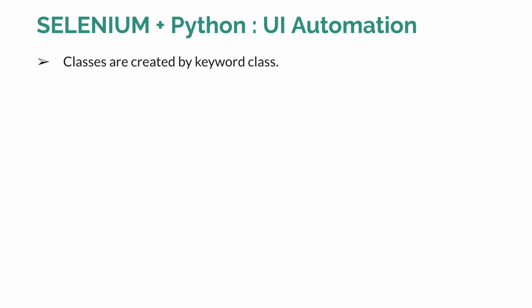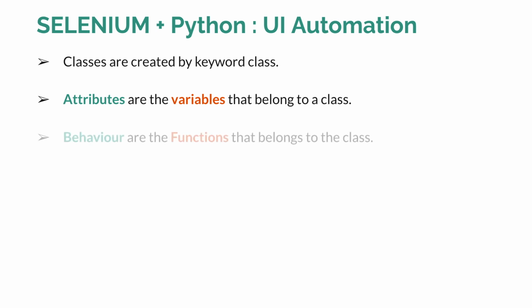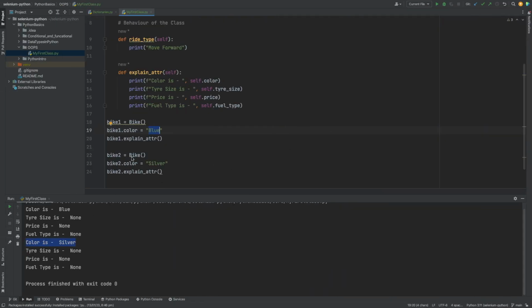So we have seen how we can create the class, that classes are created using the keyword class. Attributes are the variables that belong to the class. We have seen that within our bike class we have created a few attributes, and behaviors are the functions that belong to the class. We also created the behavior, a few functions, and how they belong to the class, because every time we access things, we access them on the basis of the object.